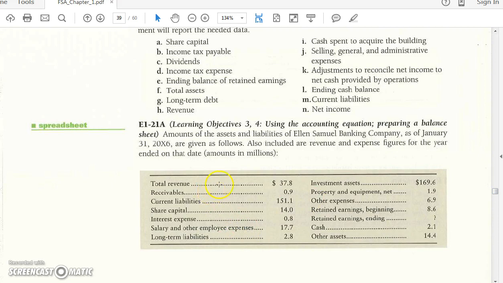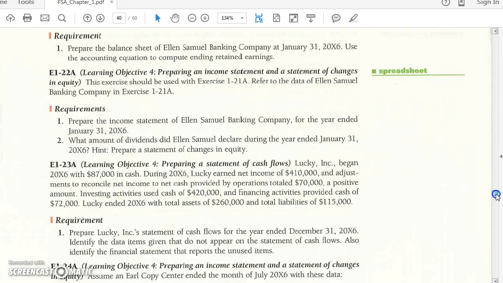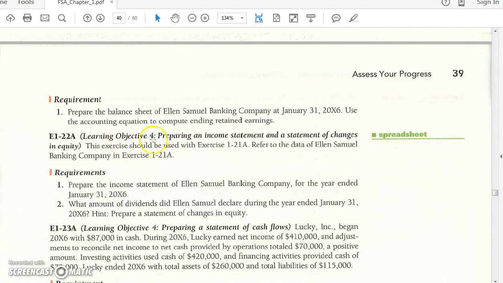What's interesting is it's giving us information that's not just needed for a balance sheet. Remember, if you look here, they've got expenses and revenue, so we've got enough information to prepare an income statement. Using the same information, prepare an income statement and a statement of changes in equity. Well, we might just do that as well.